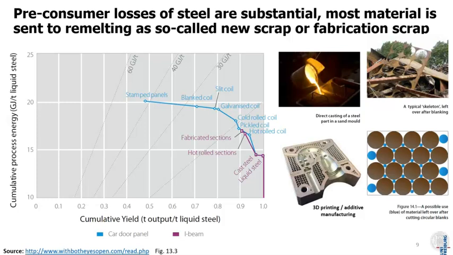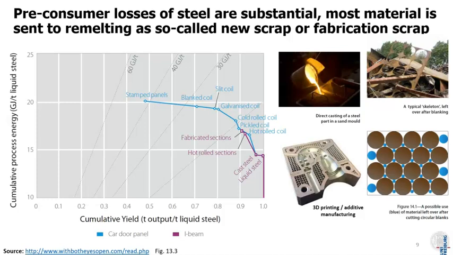So you see here from the book With Both Eyes Open on Aluminium and Steel Sustainability by Julian Allwood and team, how much loss there actually is. So if you go from the right side here, you start with 1 ton of liquid steel, and then you have the processes accumulating losses through the manufacturing, from liquid steel to hot rolled, cold rolled, galvanized coil to blank coil, and finally to the stamped panels.